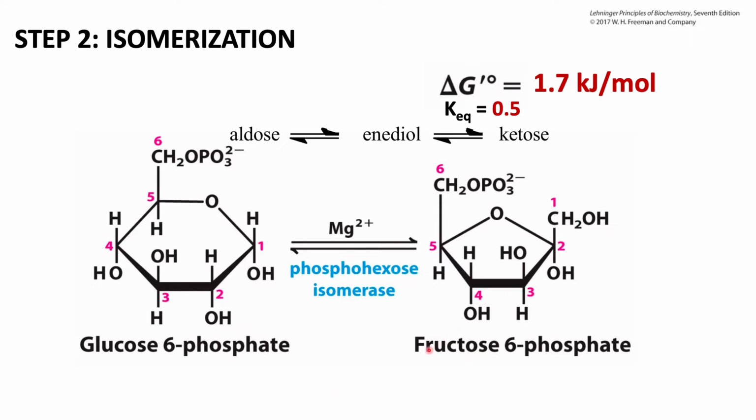Now, this isomerization reaction is catalyzed by the enzyme known as phosphohexoisomerase. I forgot to mention something before in the previous step, but in the previous step, the enzyme catalyzing the reaction was hexokinase. And whenever we see a kinase, that means ATP or ADP is involved. Okay?